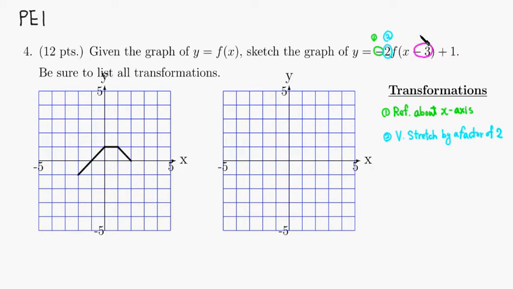Right, and then we have negative 3 here. This is a little bit counterintuitive, but subtracting 3 inside the parentheses actually moves the graph to the right, which is a positive direction, by 3. So it's actually the third one, 3. This is going to be a shift to the right by 3 units.